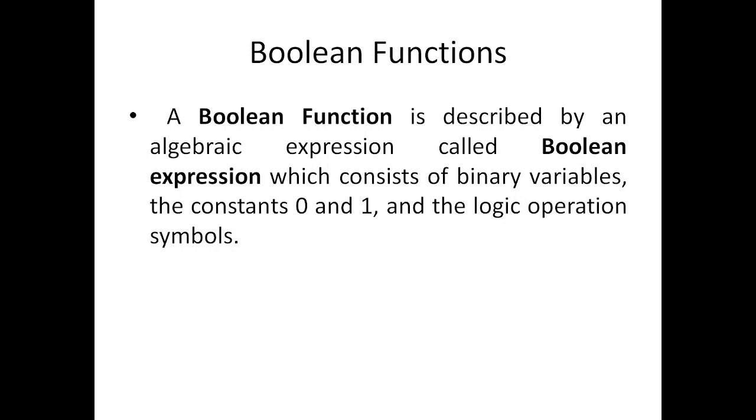The basic operations are AND, OR, NOT. A binary variable may be any alphabet: X, Y, Z or A, B, C. Those variables can take the values either 0 or 1.